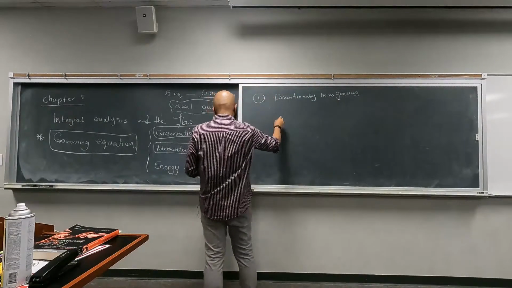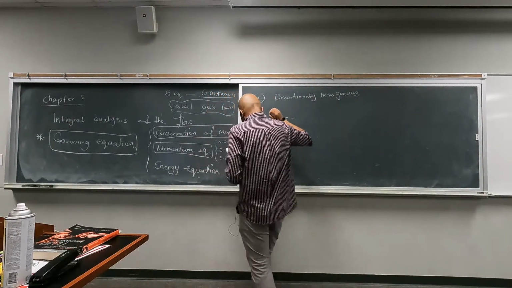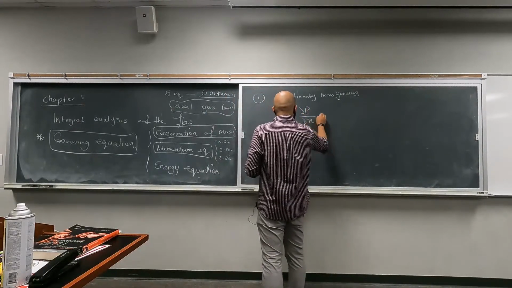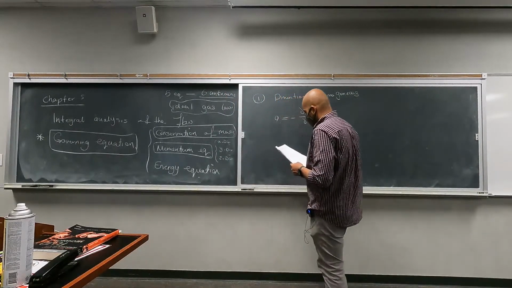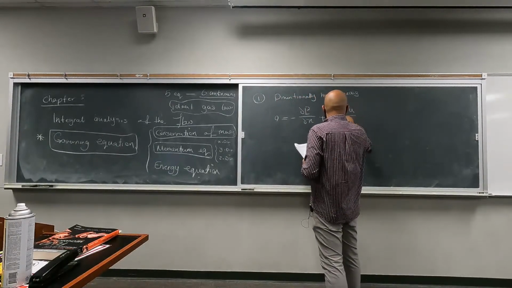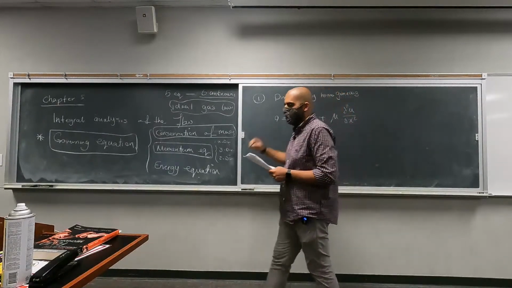Okay, and this is the equation. 0 equals negative partial p partial x plus mu partial squared u partial x squared.